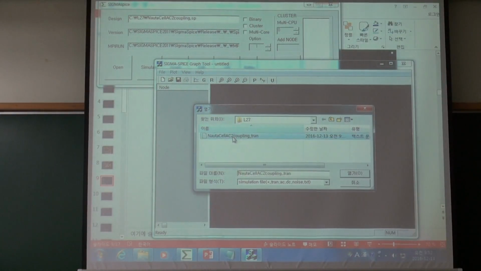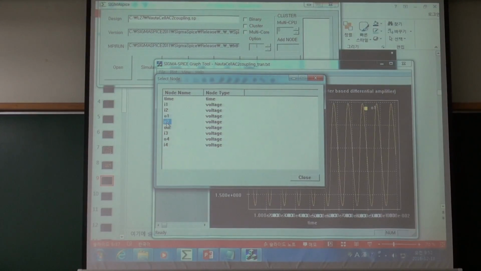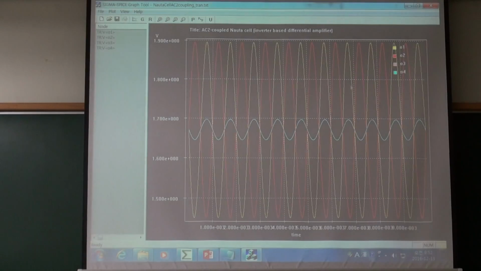Okay. O1, O2, O3, O4. You see, my differential mode gain is reduced a lot, right? Common mode gain will not change much. Okay. Any question?